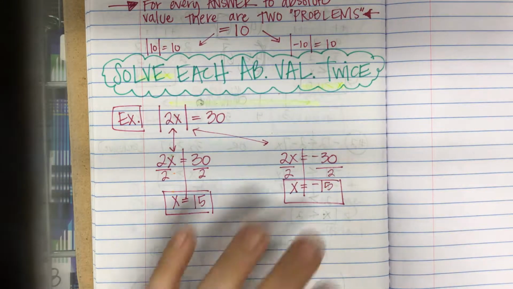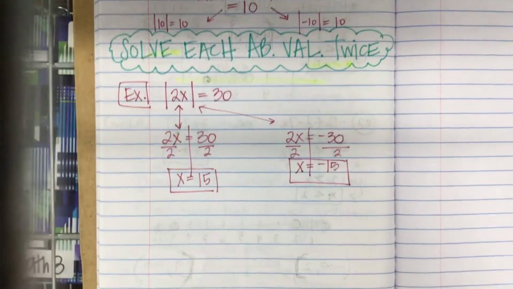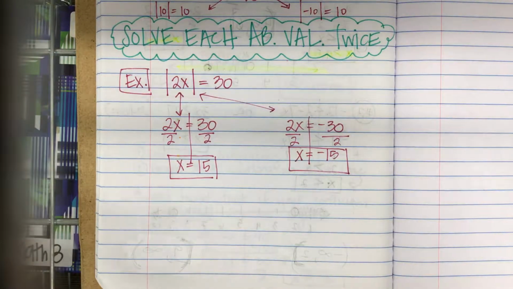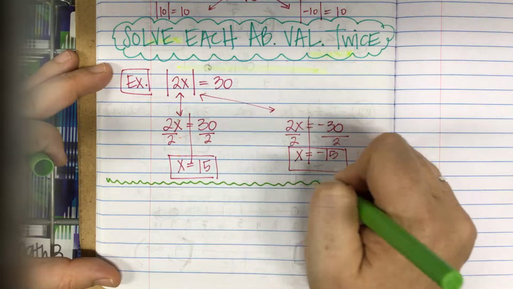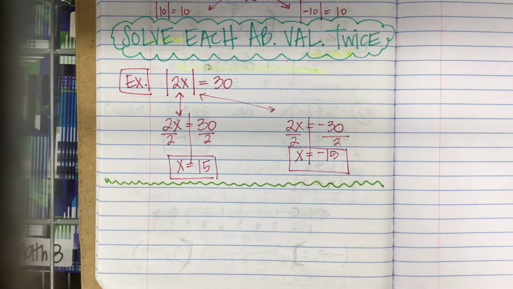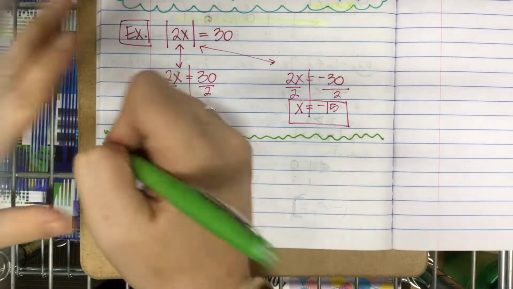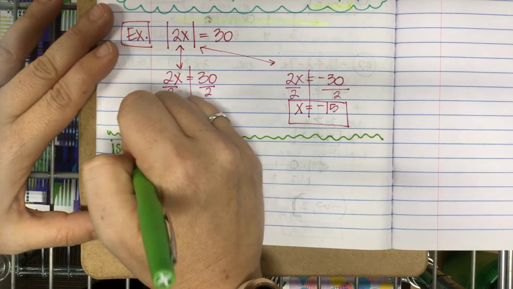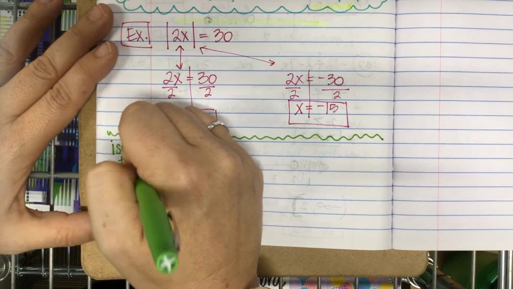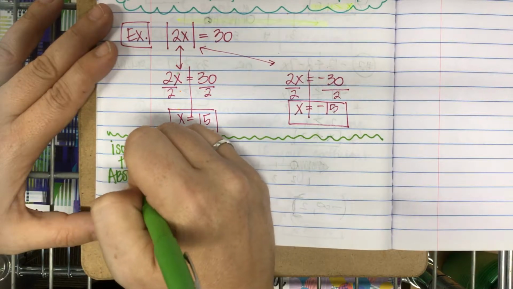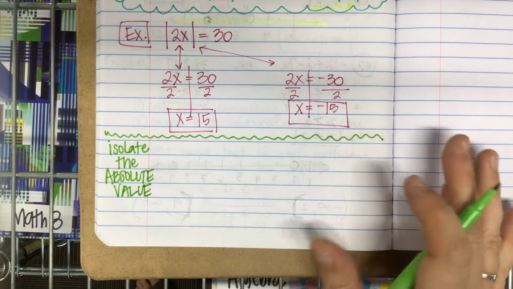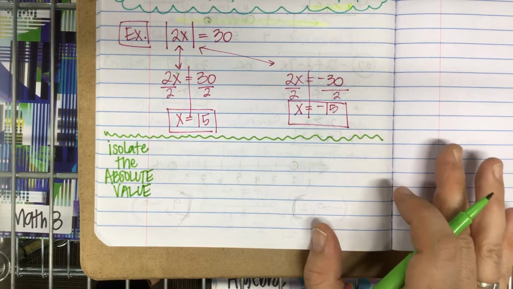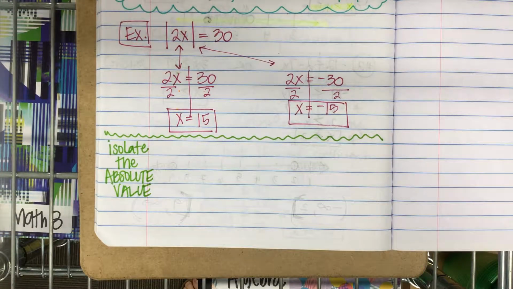So then, this is an easy one, right? Now I'm going to go a little bit harder. What I want to talk about is I want to isolate the absolute value. If you're given a little bit harder of a problem, we want to make sure that the absolute value is isolated.